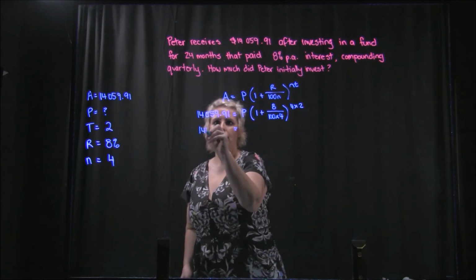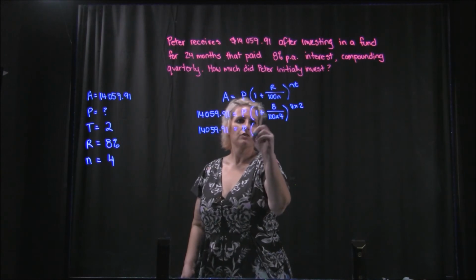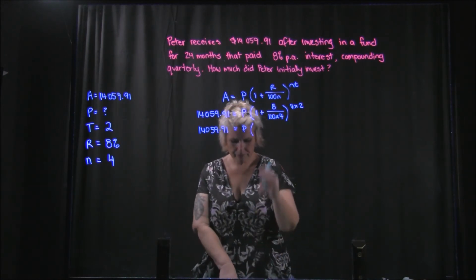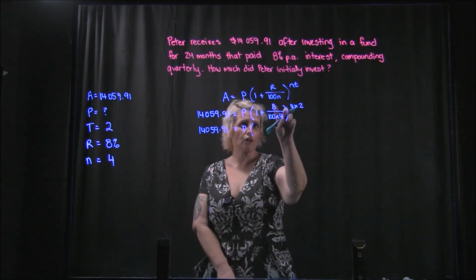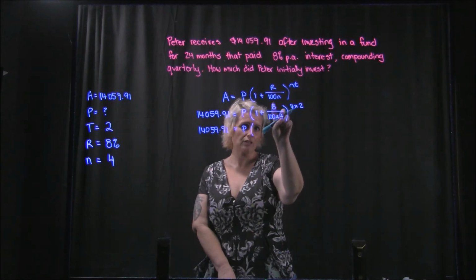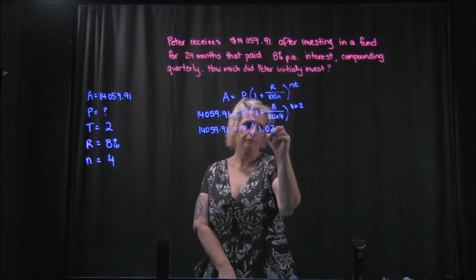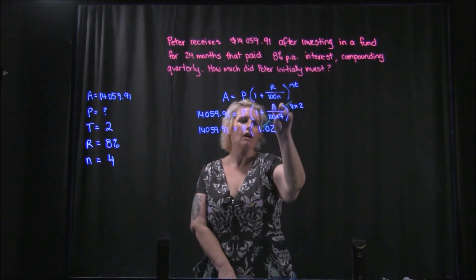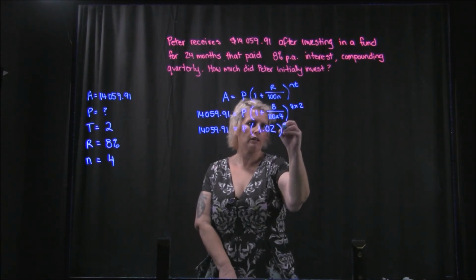Next, we simplify a little there. So we can bring this down. If I actually go 8 over 400, 8 divided by 400 and add 1, I get 1.02. So 100 times 4 is 400, 8 over 400. 8 divided by 400 plus 1, 1.02, and 4 2s are 8.